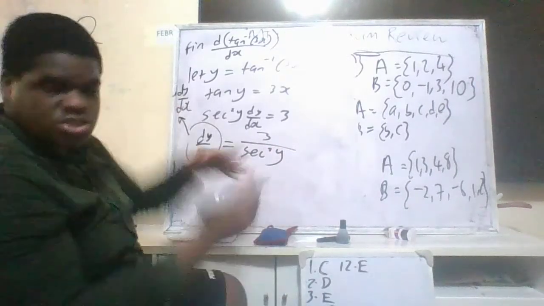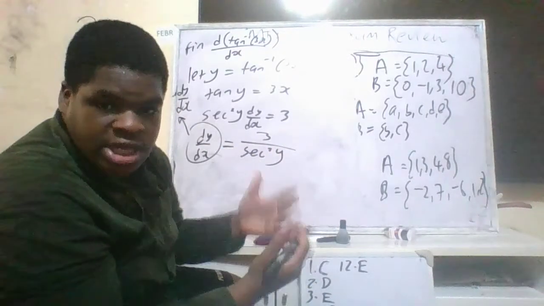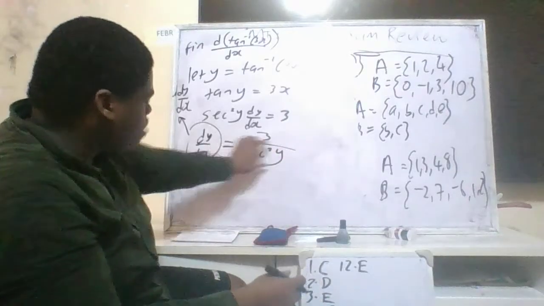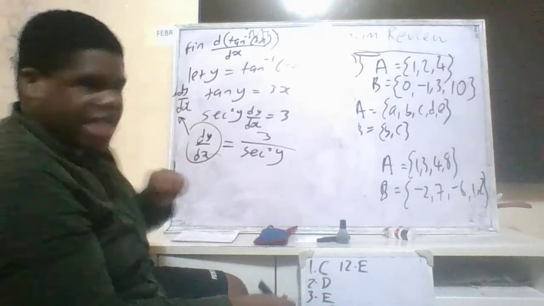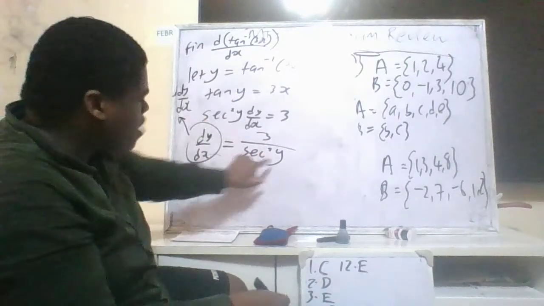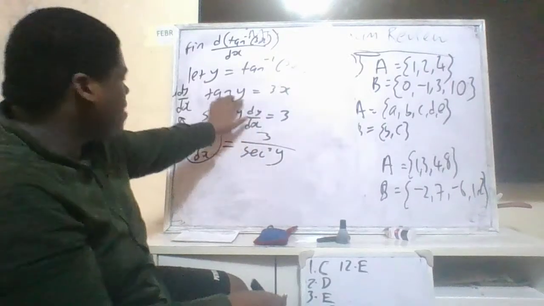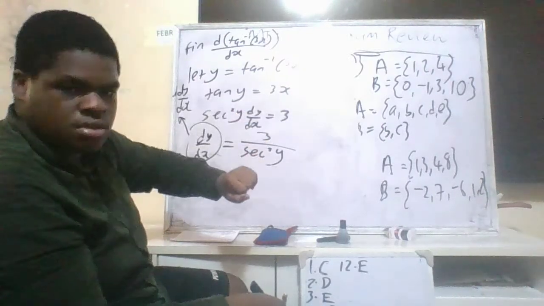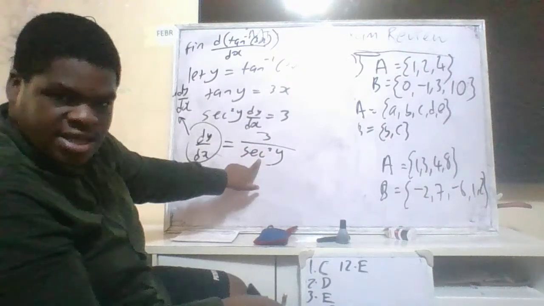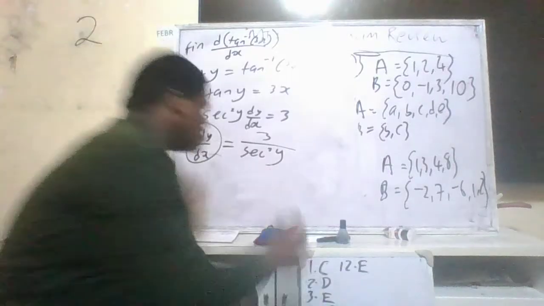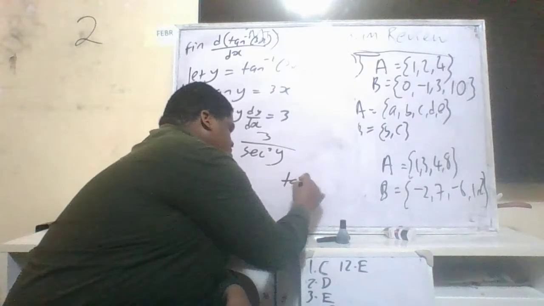But remember, dy dx is mostly in terms of only x. So we want to make sec square y equal to something that has only x. Now, how do we relate y to x? Remember, tan y is equal to 3x.